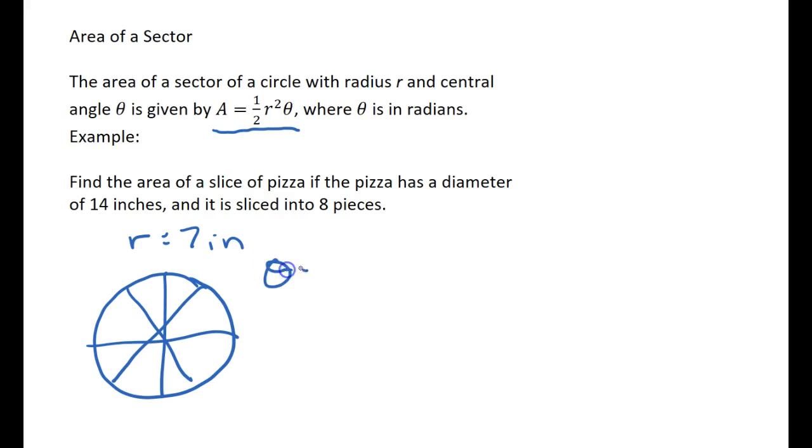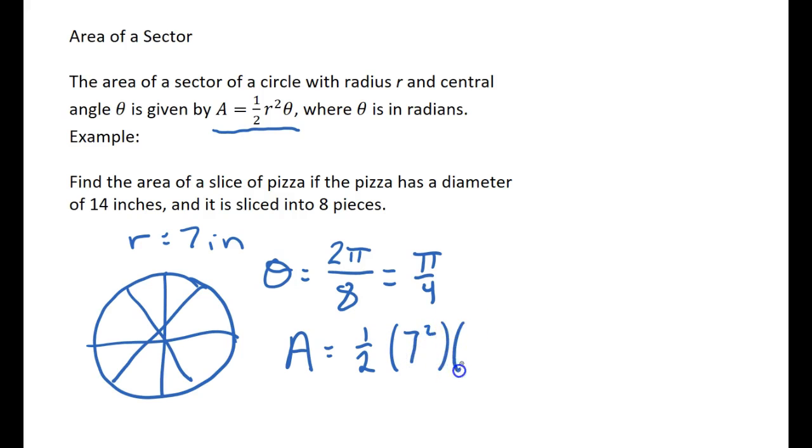Well, theta is going to be 2 pi radians, that's all the way around the pizza, divided by 8, because we're doing 1/8 of the whole pizza, okay? So that's going to be pi over 4 radians. All right, so the area of our pizza slice is going to be 1/2 r squared times theta, which is pi over 4.